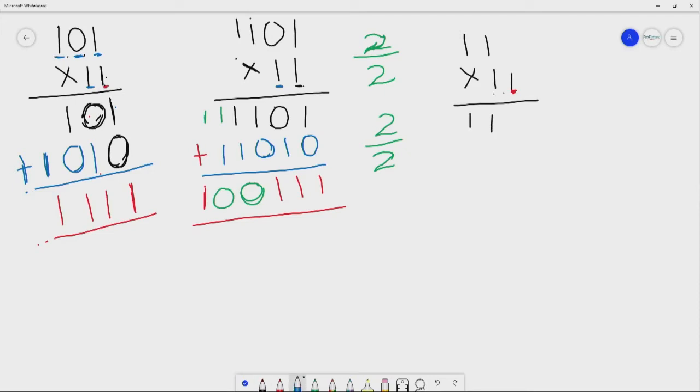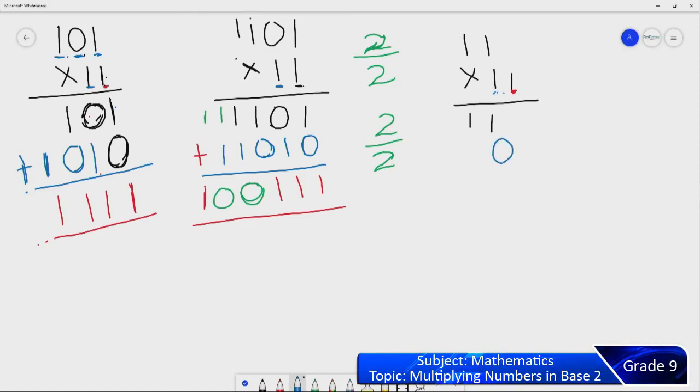Next, we're going to move to this 1, but we have to add our 0. 11 times 1 would give us 11. Now, it is important that you ensure that all your digits are lined up, because when we get to the final step of adding everything together, we might run into some problems if we don't ensure that everything is lined up correctly. So 1 plus 0 gives us 1.